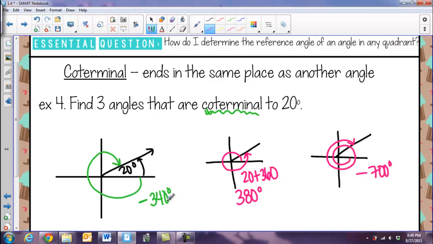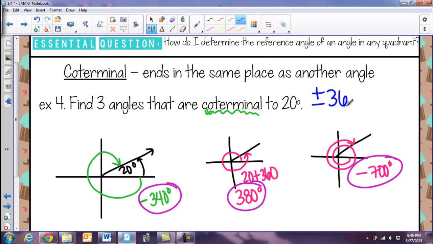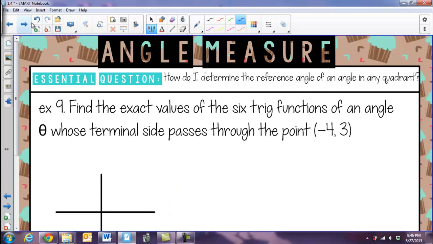So these are three different angles that all end in the same place as 20 degrees. So when they ask you to find coterminal angles, you just need to plus or minus 360 degrees as many times as you need to, and that will get you coterminal angles.